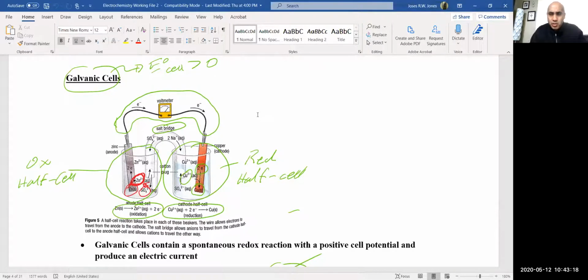But to complete the circuit, as you know in electricity, everything must be connected by a conductive material or medium that allows electricity to flow through, either electrons or ions. So connecting the beaker on the left to the beaker on the right, you have an electrode, a solid electrical conductor, in one, and an electrode in the other, and then alligator clamps that attach to both electrodes, and a metal wire that allows electrons to flow through.